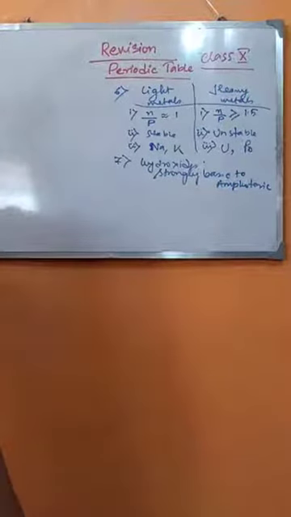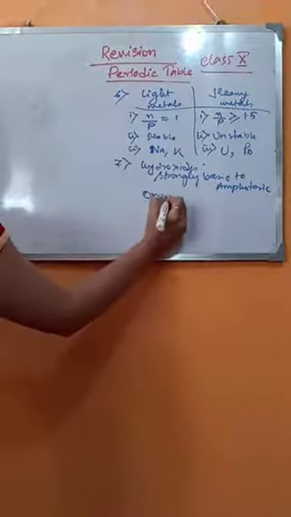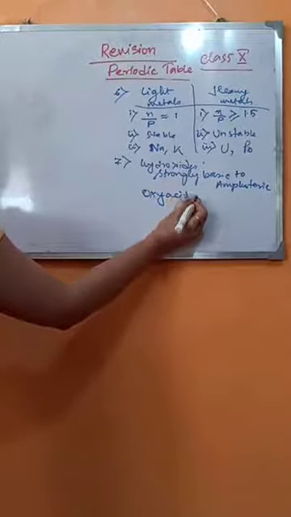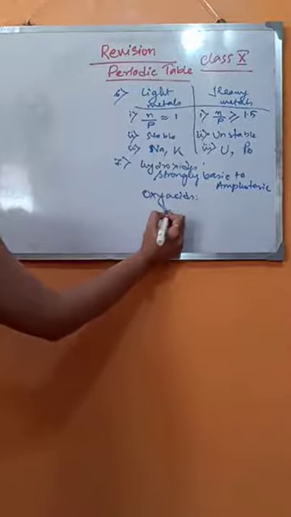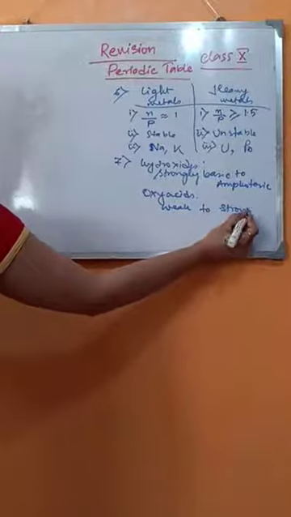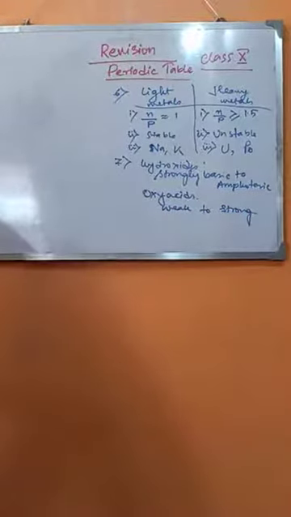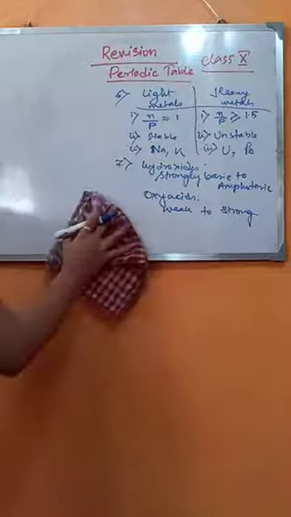And the oxyacids vary from weak to strong. Okay, these are directly there in your book only.